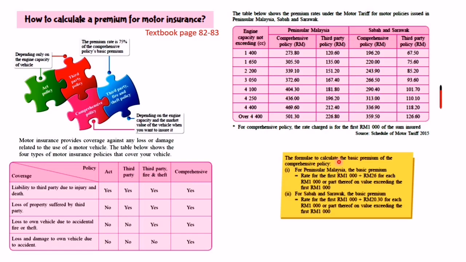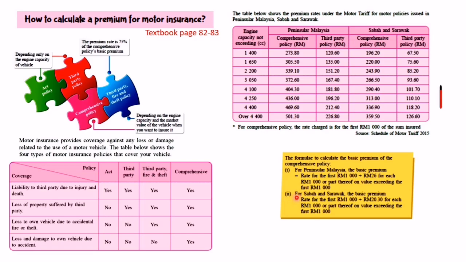Okay, the formula to calculate the basic premium of the comprehensive policy for Peninsular Malaysia is: basic premium equals the rate for the first 1,000 plus 26 for each 1,000 or part thereof on value exceeding the first 1,000.